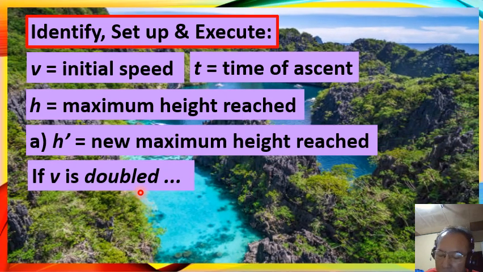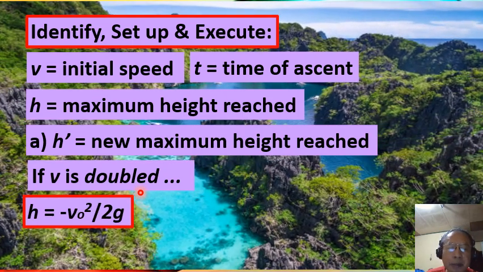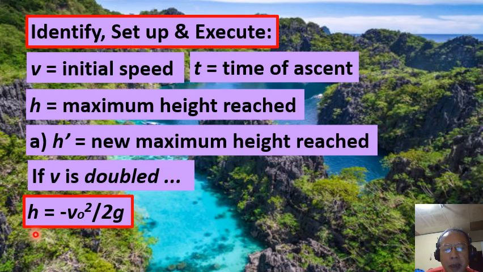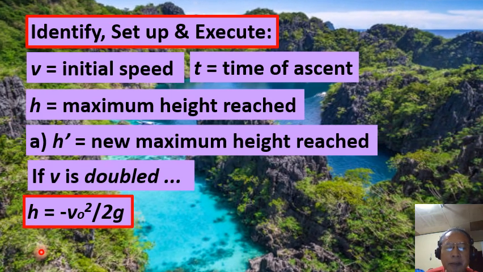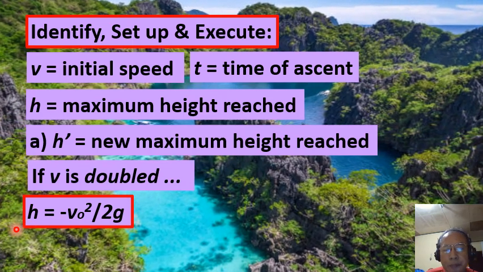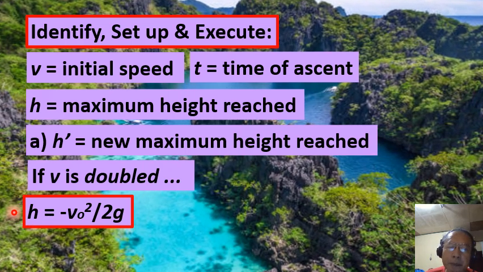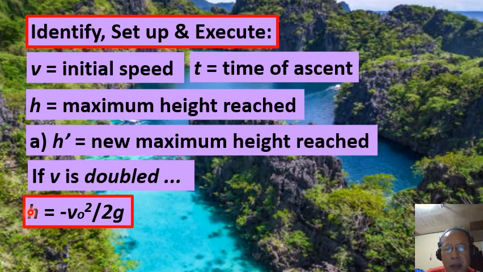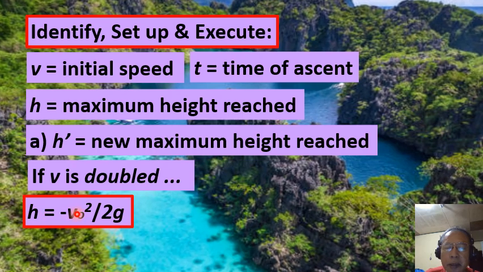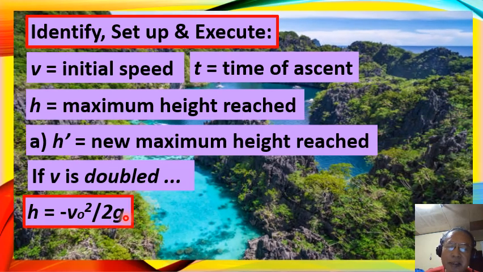And we use the formula in kinematics, the maximum height reached by an object that is thrown vertically upward with an initial speed v naught can be expressed like this.